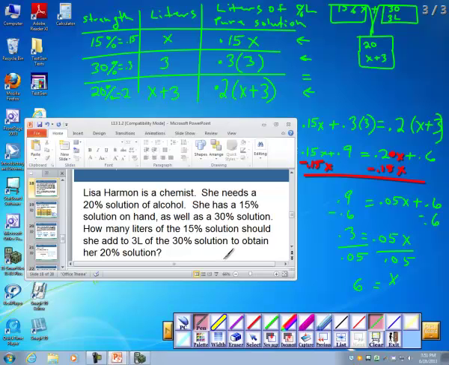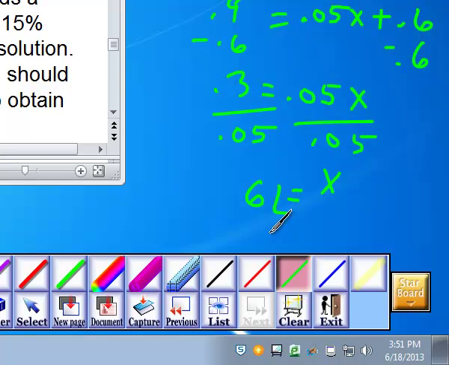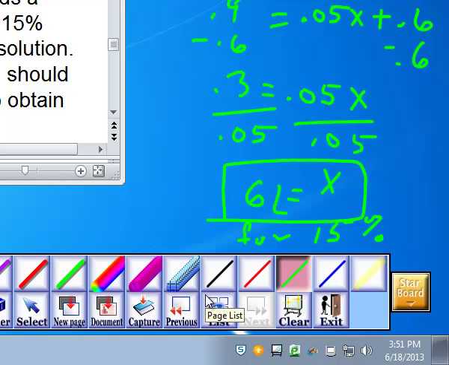Did we get what we wanted? How many liters of the 15% solution? So this represents liters for the 15% solution. Questions with that? So actually, 6 in this case is our answer. All right?